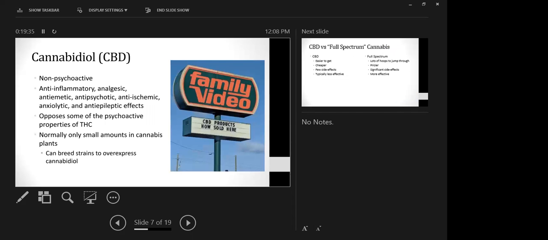I don't know if you've seen signs like this where it says CBD products now sold here. Cannabidiol, CBD, is not psychoactive like the THC. It also has anti-inflammatory, analgesic, antiemetic, so for nausea, antipsychotic, anti-ischemic, helping with the blood flow, and anti-epileptic, so for seizures.